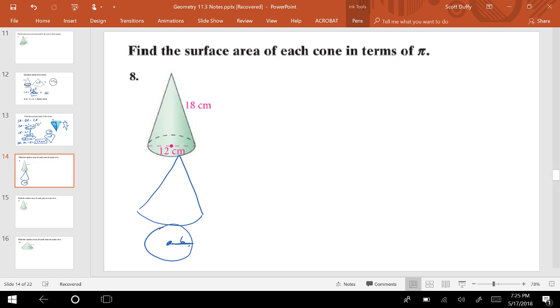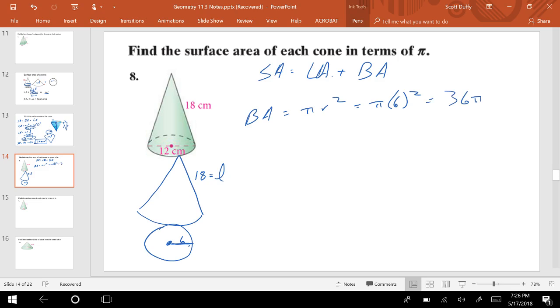And then they gave us a slant height, which is great. So surface area equals lateral area plus the base area. Let's do the base area first. Pi times the radius squared, which is pi times 6 squared, which is 36 pi square centimeters.